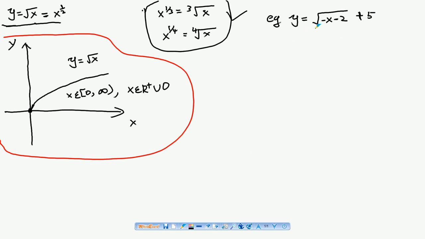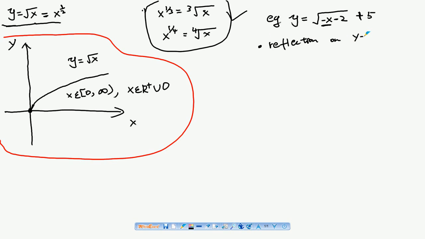The first step is always to describe the transformation. From the graph, I can say compared with the standard graph, there's a reflection on the y-axis because there's a minus number times x.